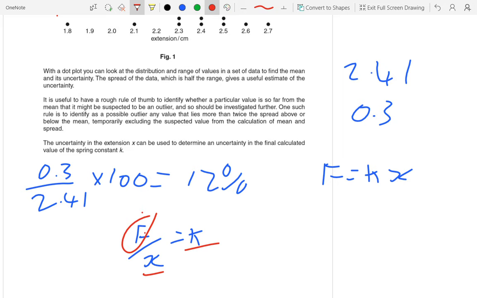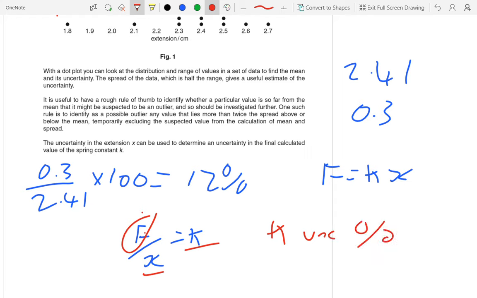And because it's not adding stuff together or squaring things, then you'll just have the percentage uncertainty on X is the same as the percentage uncertainty on K. So K should give an uncertainty of 12%.